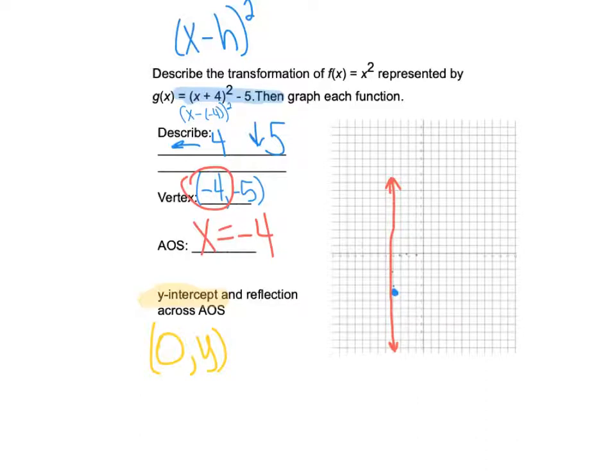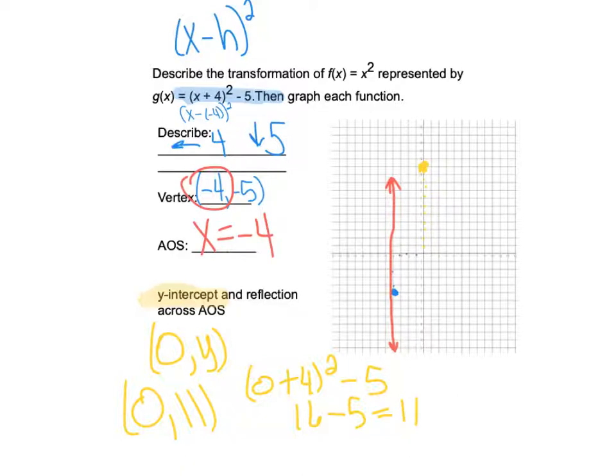We put 0 in for x, so we would have 0 plus 4 squared minus 5. Okay, 0 plus 4 is 4, 4 squared is 16, 16 minus 5 is 11. So our y-intercept is going to cross our y-axis at 0, 11. Okay, so I'm going to go 0, 1, 2, 3, 4, 5, 6, 7, 8, 9, 10, 11.